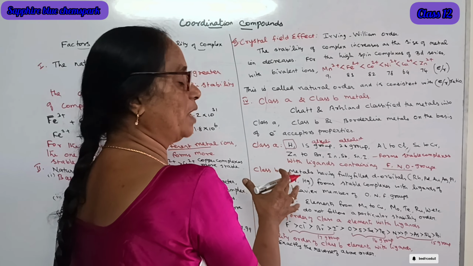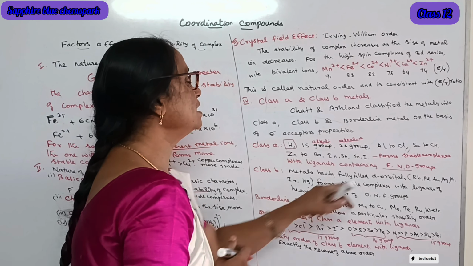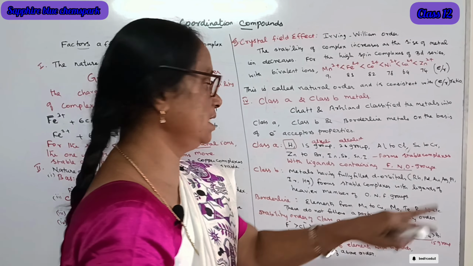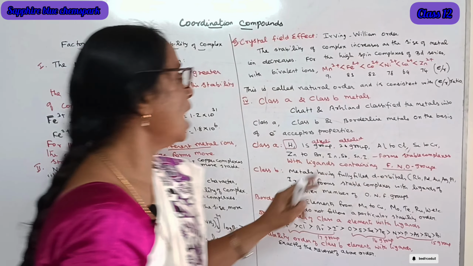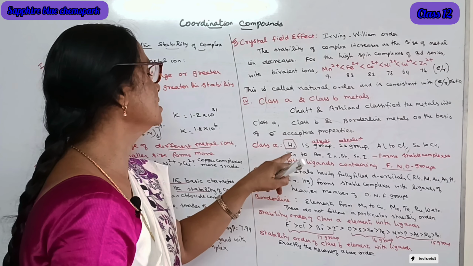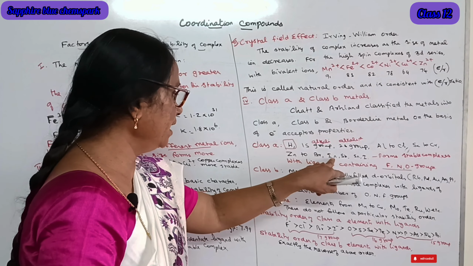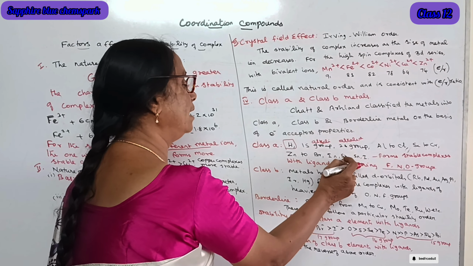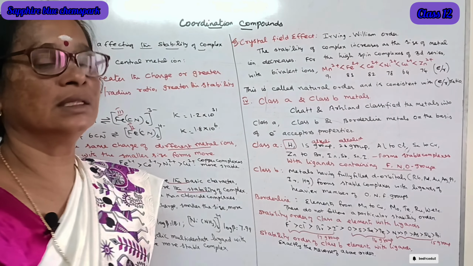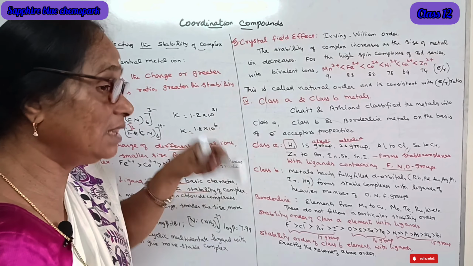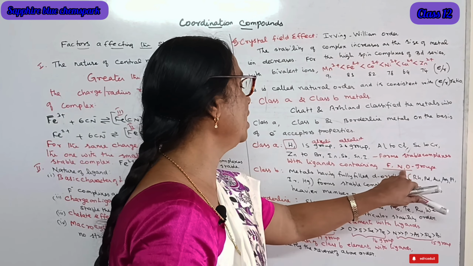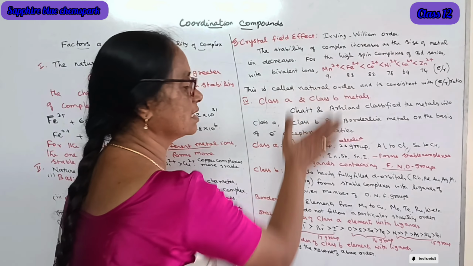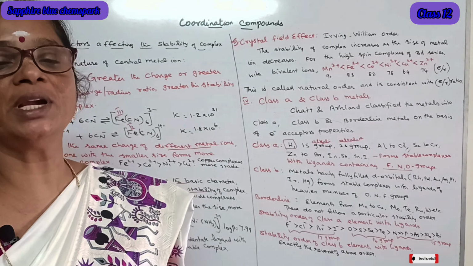Besides these two groups, we have the elements of the third series, aluminium to chlorine, and the fourth series, scandium to chromium, and in the same series, zinc to bromine. Zinc to bromine we have to consider. In addition to that, indium, antimony, tin and iodine, they form stable complexes with the ligands containing fluorine, nitrogen, oxygen groups. Class B elements, besides these class A, are said to be class B.